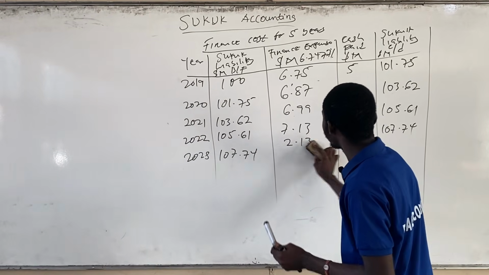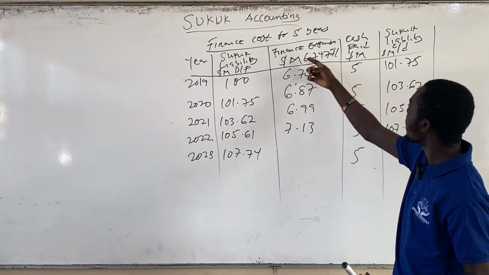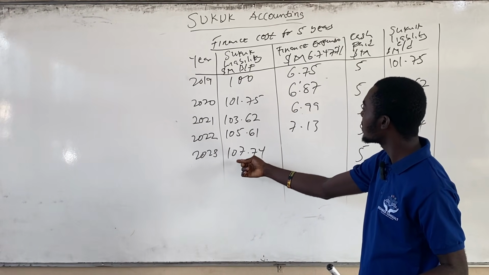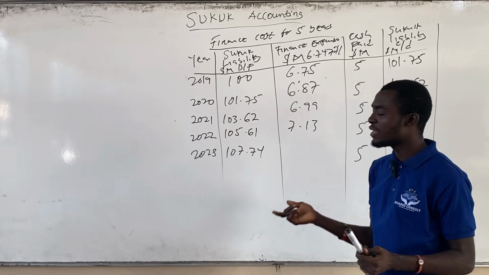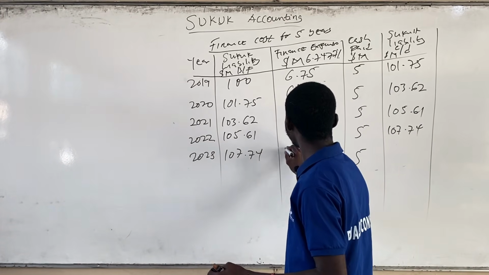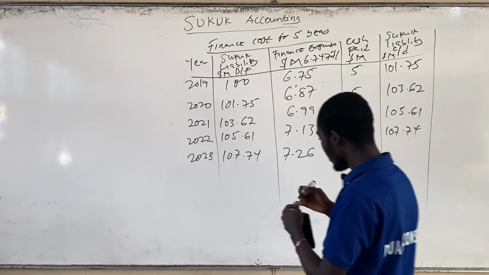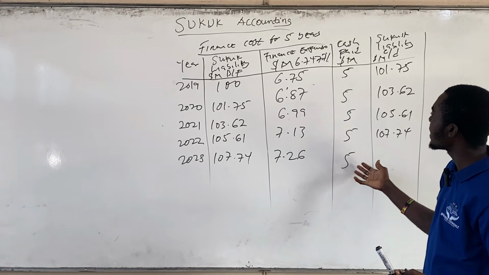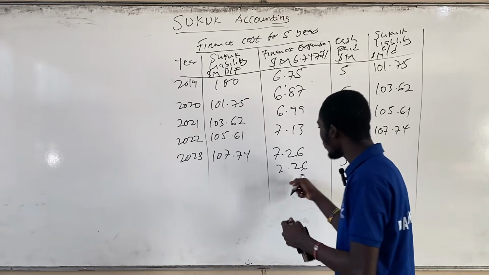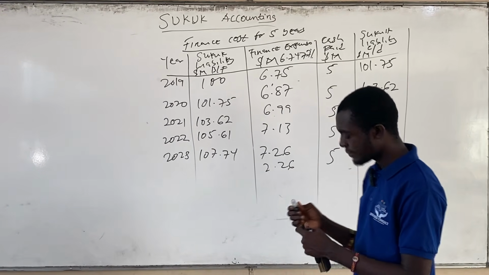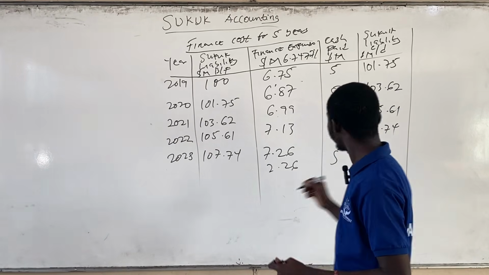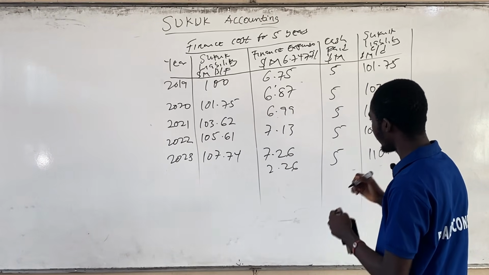Okay. So in the final year too, we will apply the finance expense rate on the amount that the party is owing at the beginning of the year. And then if you apply the rate on this, you will get 7.26. So you deduct the 5 million cash payment that they made from this, and then the difference will be 2.26. So you add this 2.26 to the 107.74, and then to give us 110.